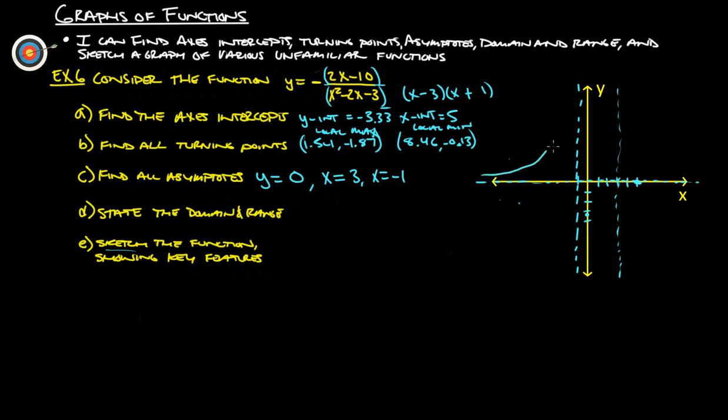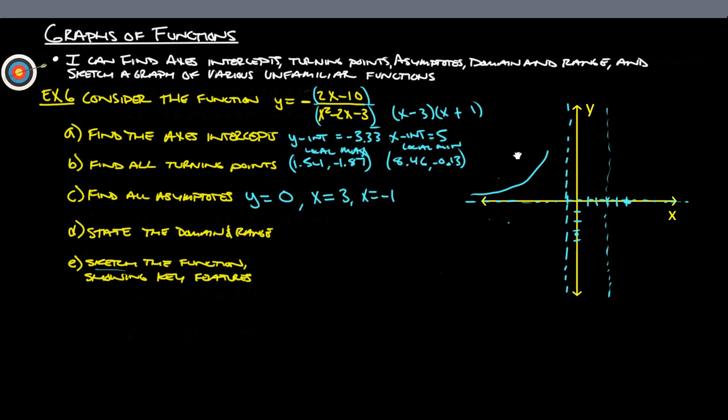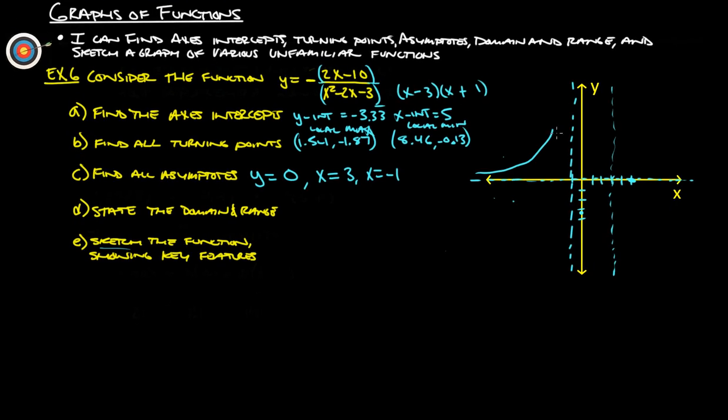We know that this one over here looks like this. We know this one here comes up and then hits a maximum at 1.54 and negative 1.87. So that's about, say, right here. So we know that this one goes like this, right?